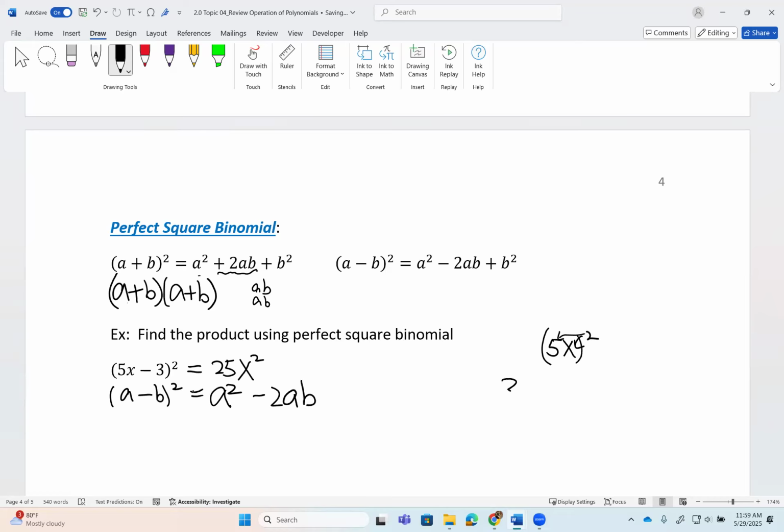Take a number 2, because I have two of the same inner and outer. 2 times my a, 2 times 5x, is 10x, times my b. So that's 10x times 3. That will be minus what? 30x, the sign says minus. Plus my b squared. My b is 3, 3 squared is 9. So that's your answer: 25x squared minus 30x plus 9.